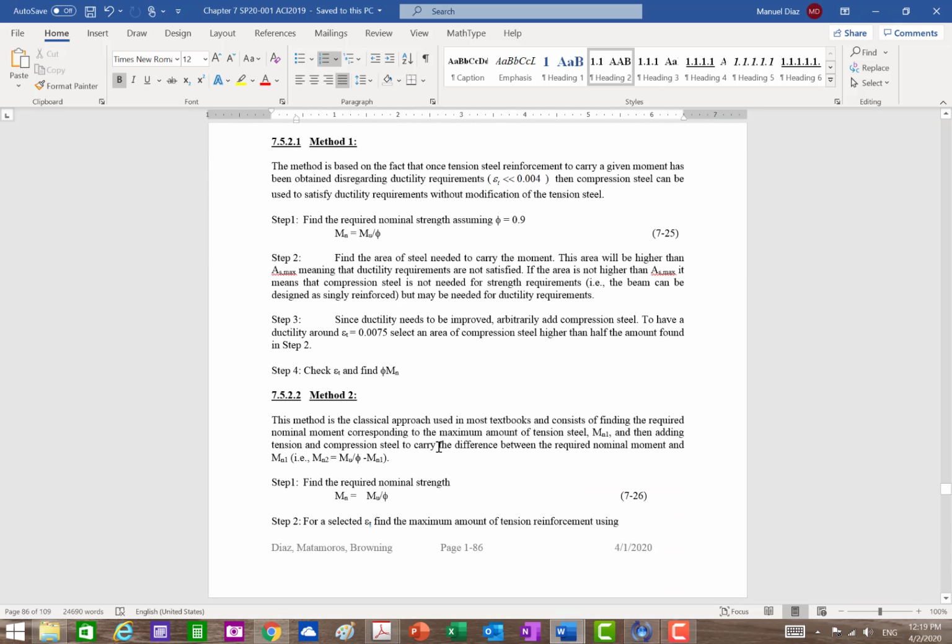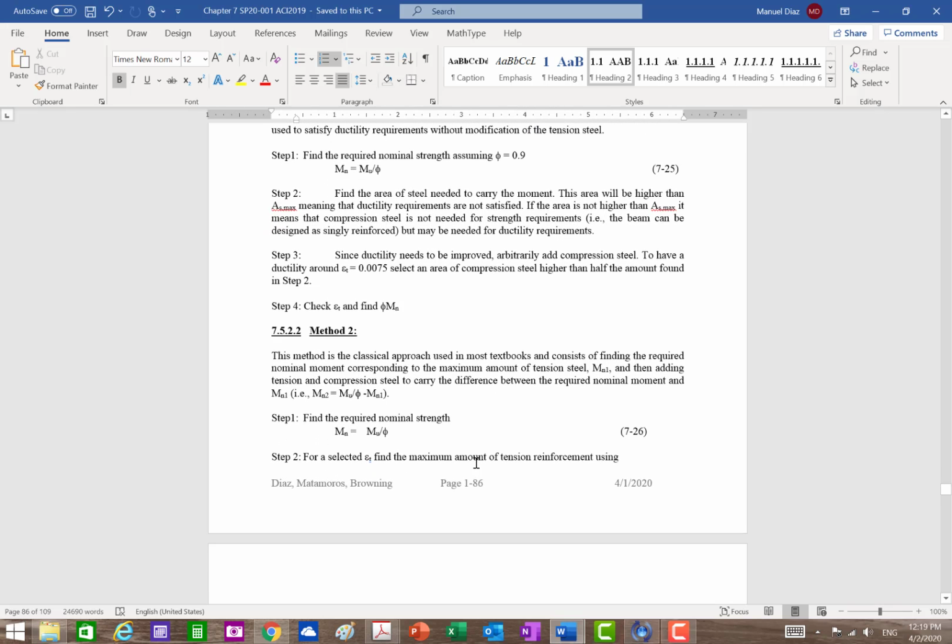Method 2 is more of the classical approach, in which you find the maximum amount that you can carry with the tension bars, with the As,max, basically. That will give you the moment that you can carry with tension only.